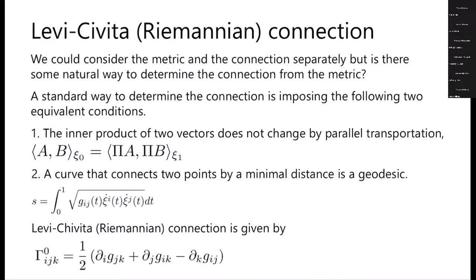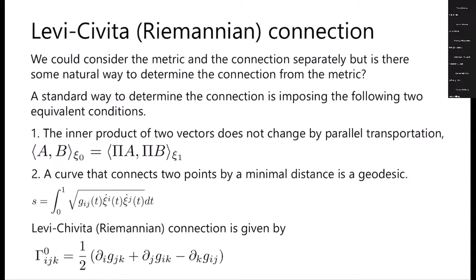The first one is that the inner product of two vectors does not change by parallel transportation: the inner product of A and B equals the inner product of the parallel transport of A and B. And equivalently, the second condition is that a curve that connects two points by a minimal distance is a geodesic.